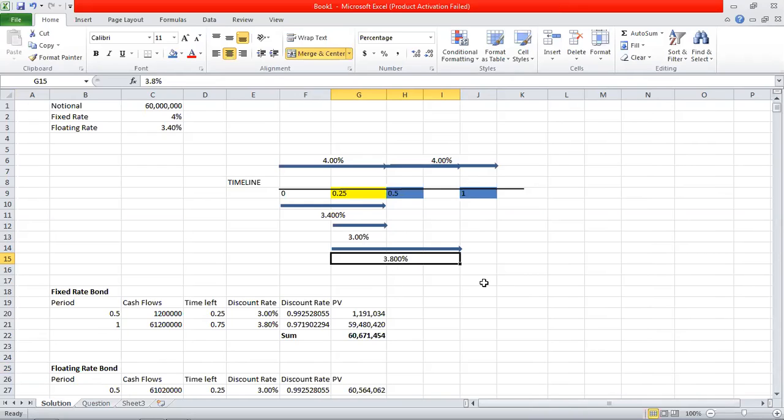These rates are actually important because these are the rates that we are going to use to discount the cash flows. So now, moving ahead, these are going to be my discount rates. This is going to be my discount rate for a 3-month cash flow. Let me write it down: discount rate for 3-month cash flow.